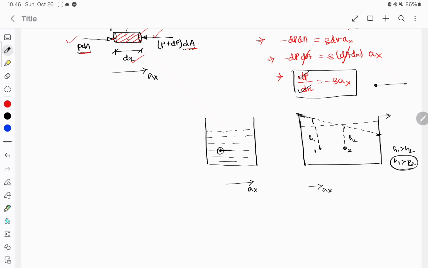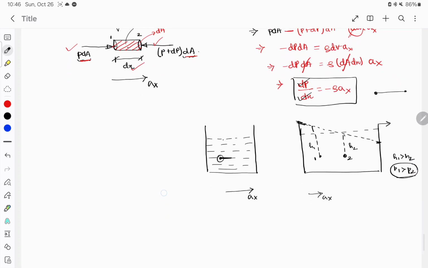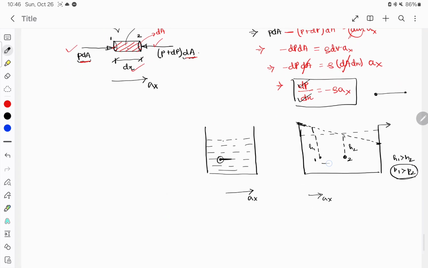Which means that once I go from P1 to P2, my pressure will decrease. And how much will it decrease? It will decrease by dp by dx. When I go a distance of dx, it will decrease by rho ax into dx.